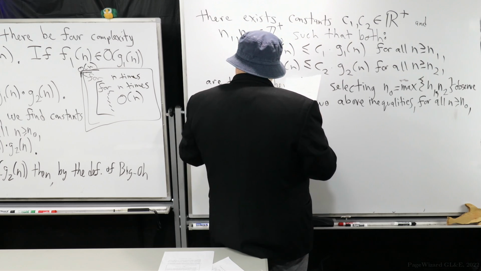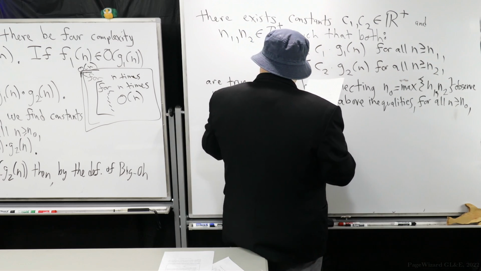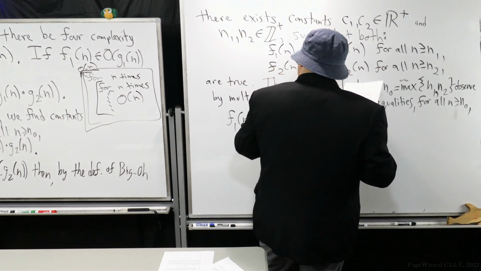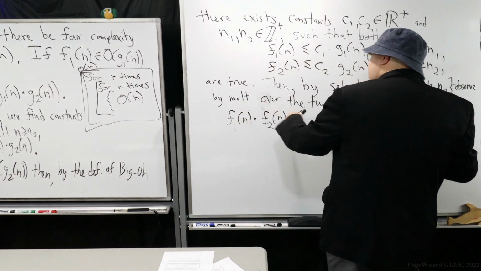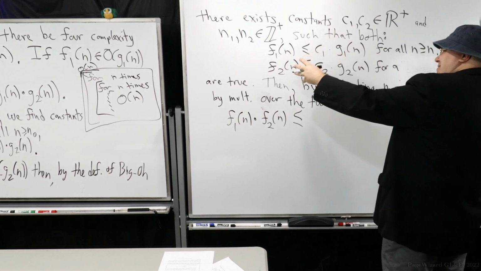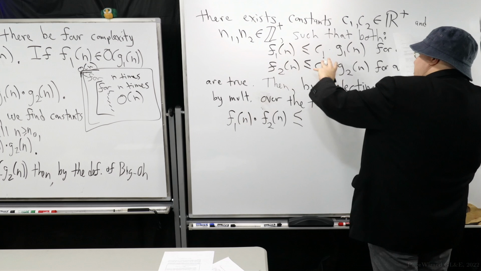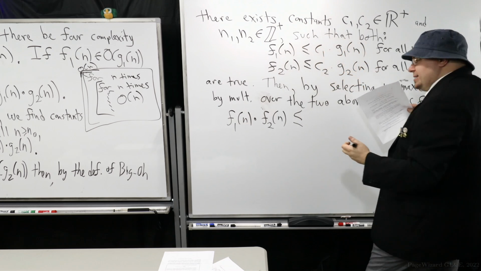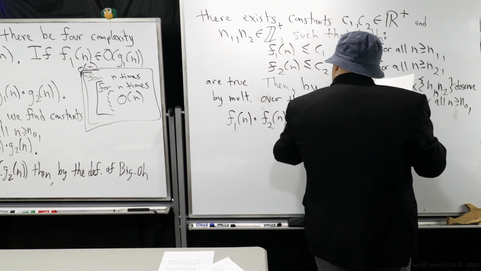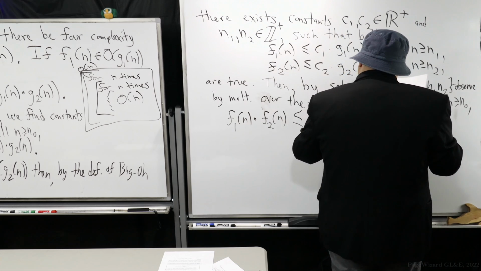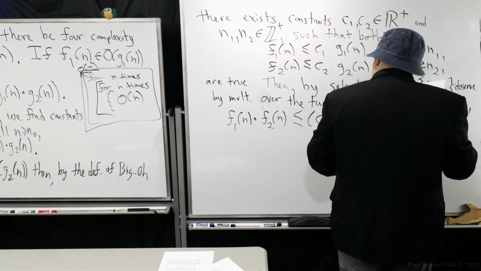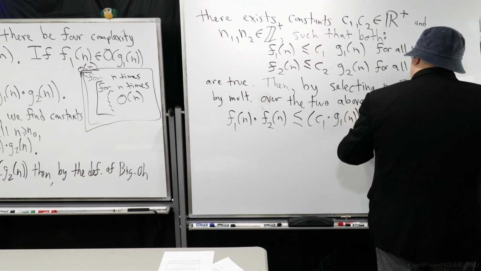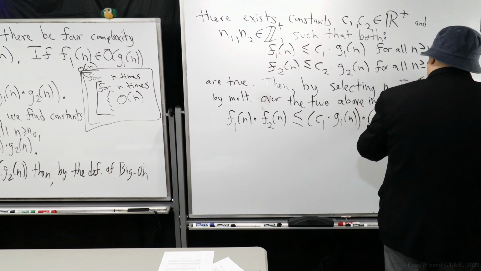Then I have F1 of n times F2 of n. If I take the product of these, I have to take the product of both sides, right? So I have F1 times F2, and on the right-hand side I have C1 times G1 times C2 times G2. So I have the first term, C1 times G1, multiplied by C2 times G2.